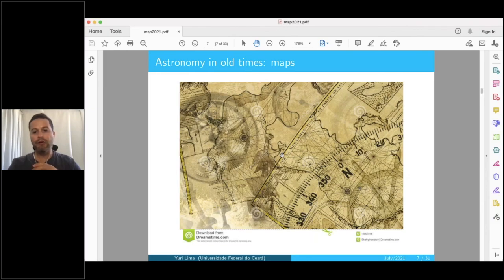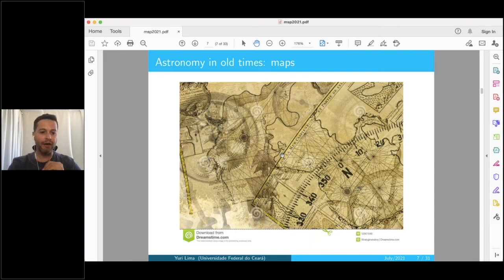For instance, in one of these navigations, the Spanish came to the American continent and discovered it. And right after, the Portuguese discovered Brazil, the country I am originally from, and I am speaking to you actually from Brazil right now.